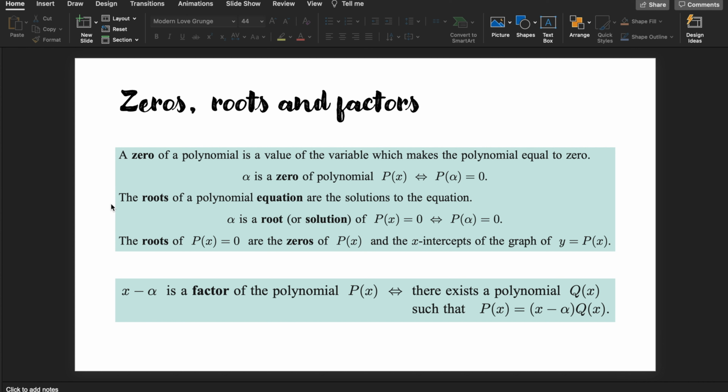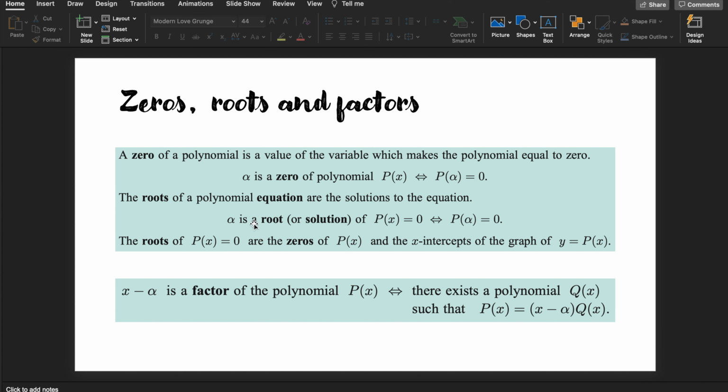So the next is the roots of a polynomial equation are the solutions to the equation. This is very similar to the previous one, except a zero is related to a polynomial and a root is related to an equation. Both of them are the same concepts, but we usually call the solutions of an equation roots and the solutions of a polynomial zeros.